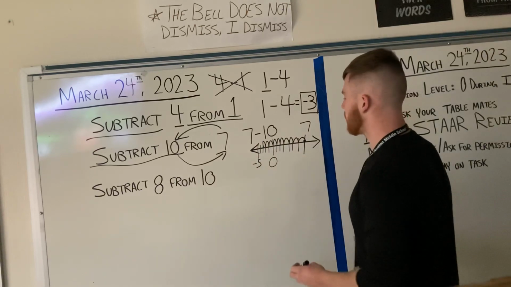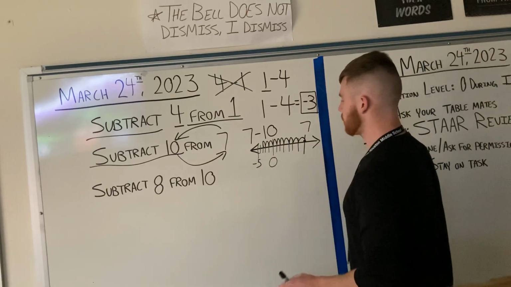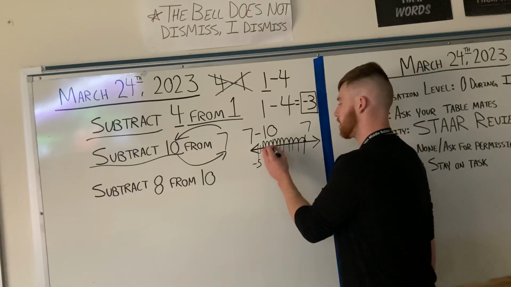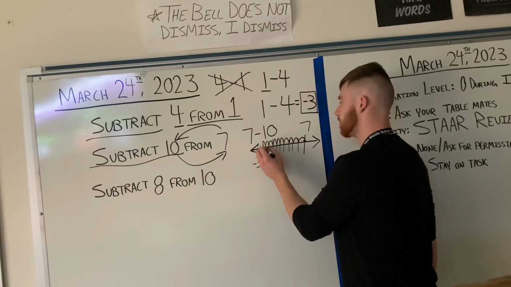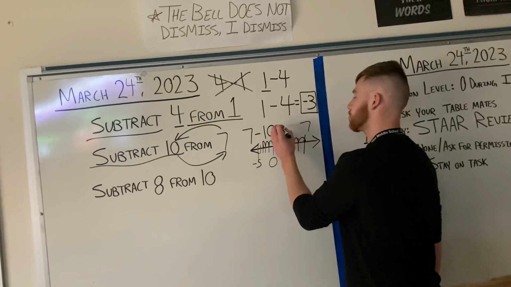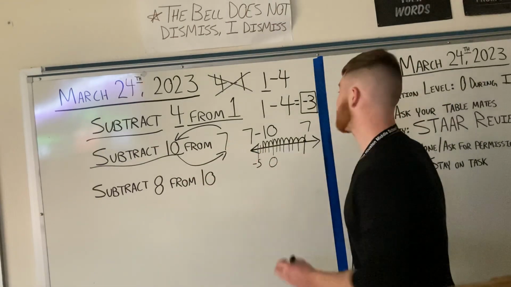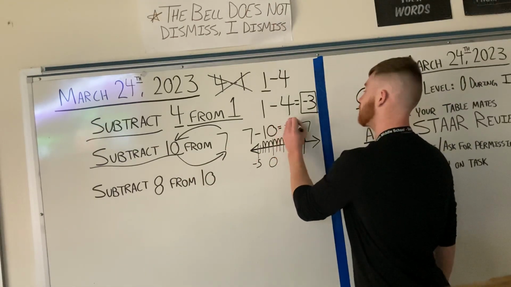Now, I see I landed between the 0 and the -5, and they go up and down by 1. So let's count. This is -1, this is -2, and this is -3. So my answer to 7 minus 10, or subtracting 10 from 7, is -3.